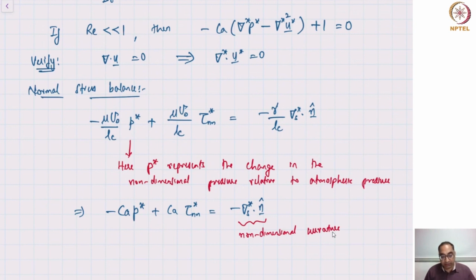Now, these equations, even though they are linear in velocity, there is a nonlinearity coming from the curvature. Further, solving this system of equations for the entire shape of the interface is not possible. There are no exact solutions.